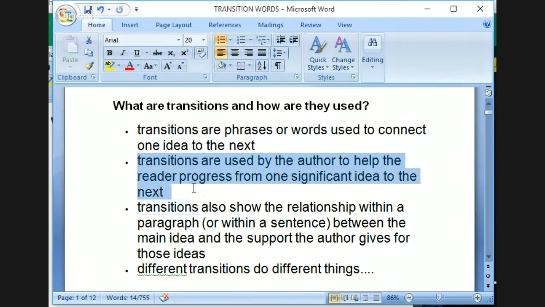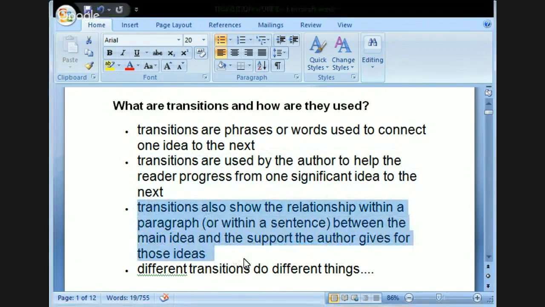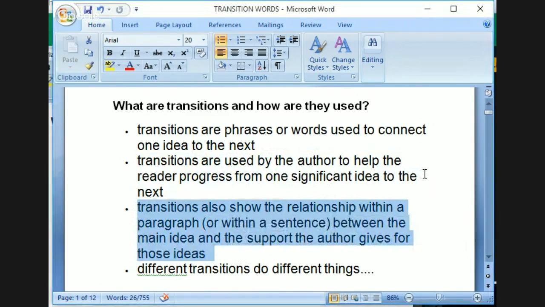As it says, also important for an author. Transitions also show the relationship within a paragraph or within a sentence between main idea and support the author gives to those ideas. Transitions are extremely important to introduce a new concept in a paragraph, as well as linking the sentences together. Different transitions do a number of different things.